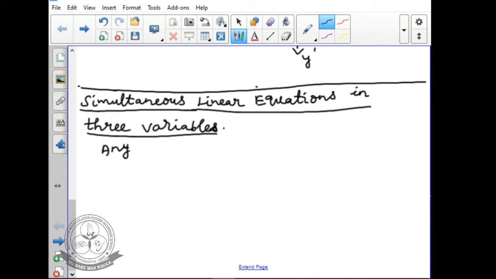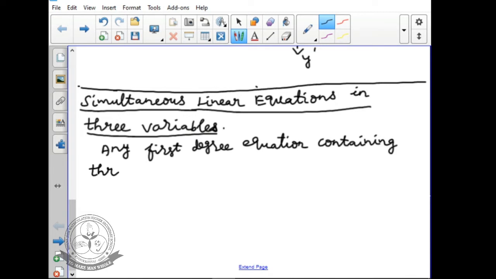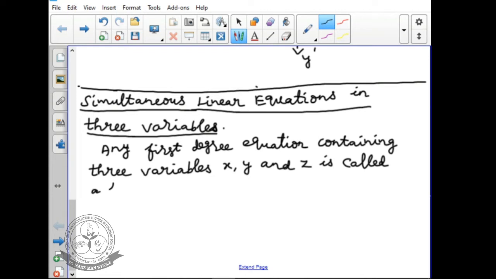Page number 87. Any first degree equation containing three variables x, y and z is called a linear equation in three variables.